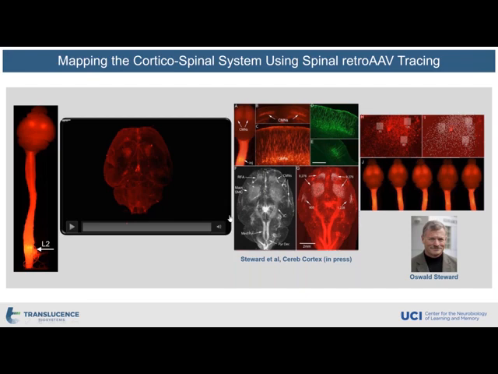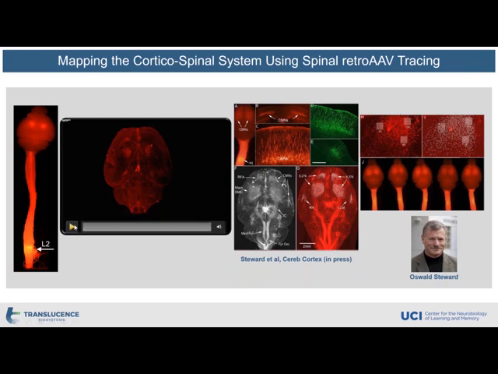So in these experiments, Ozzie's group placed the retro AAV injection at different levels of the cord, and then we cleared and stained and imaged the entire brain and cord together.